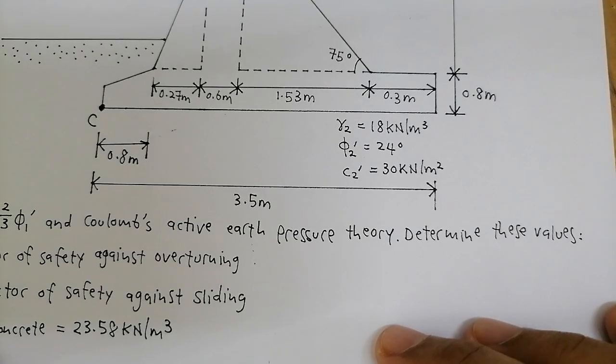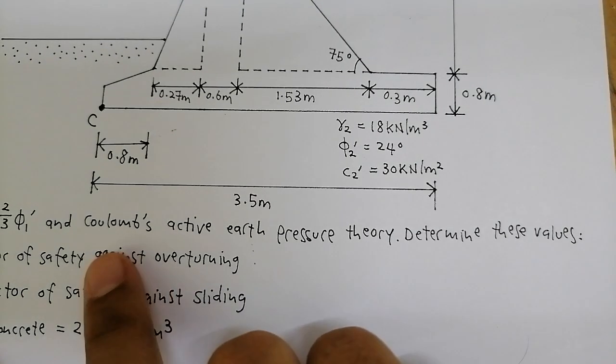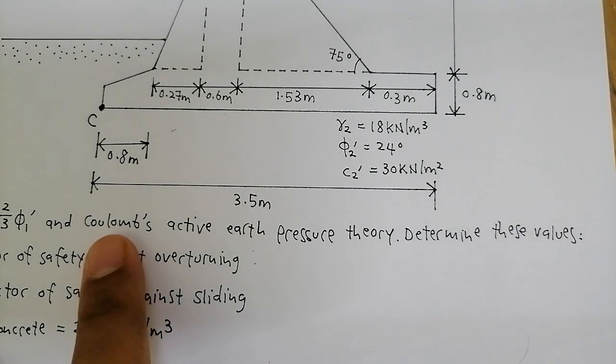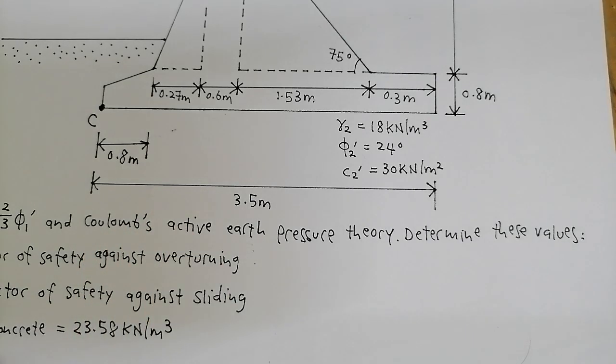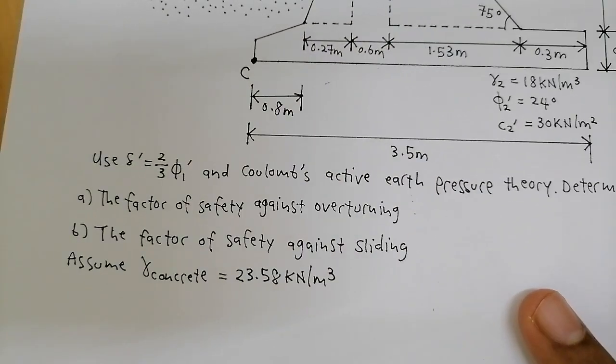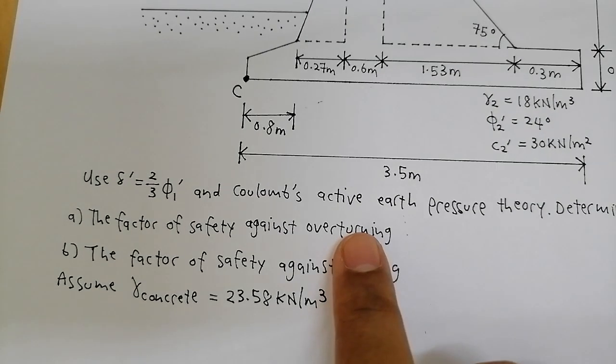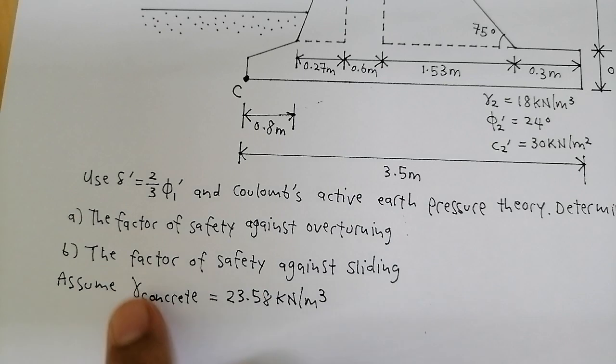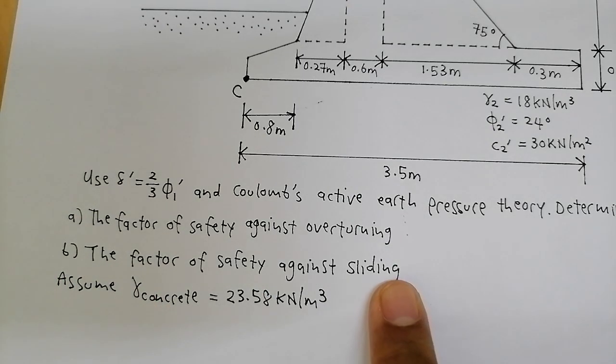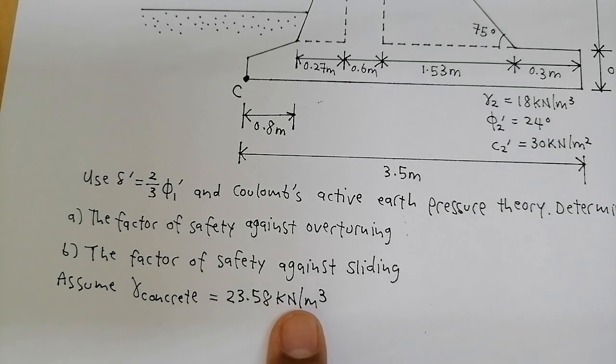In this task, we have to use Coulomb's active earth pressure theory, and we have to calculate the factor of safety against overturning for A, and for B, we have to calculate the factor of safety against sliding. And if you notice, the unit weight of concrete is given, which is 23.58 kilonewton per meter cubed. Why this is given, we'll find out later.